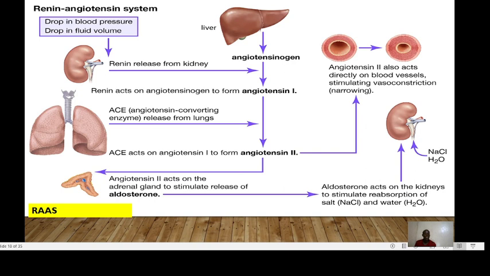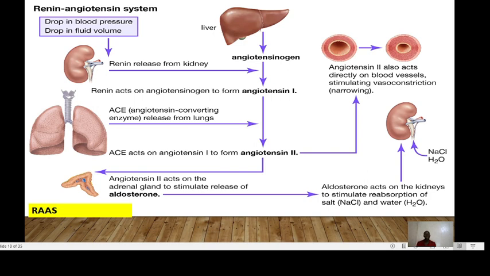Also, it acts on the adrenal cortex, specifically the zona glomerulosa, to release a mineralocorticoid by the name aldosterone. And it's aldosterone that is going to act on the kidneys again to increase absorption of sodium chloride and water.